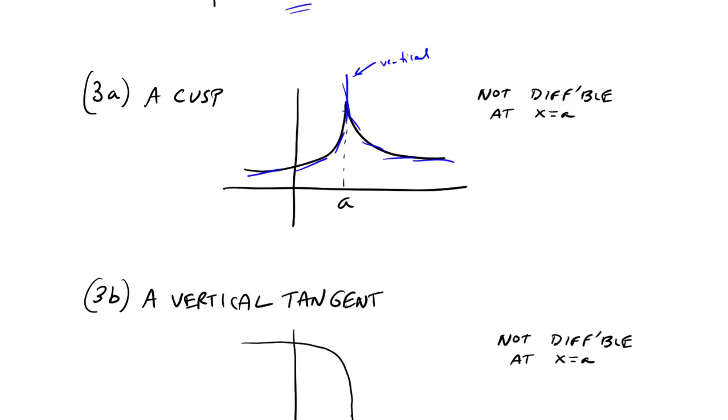Okay, so these slopes are ending up being infinite. Okay, one of them with positive slopes and one of them with negative slopes, but they're both ending up to be infinite. So that's the problem. In this one, the one-sided derivatives go to infinity.